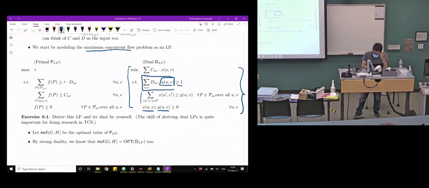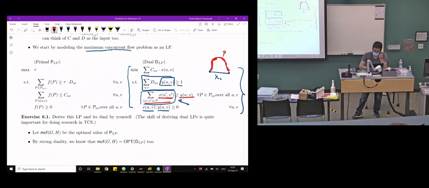Because if you look here, if y_uv is here, then this constraint says that for any path connecting u and v, the total length in x must be at least y_uv. Right? If you sum up all x along this path, it must be at least y.